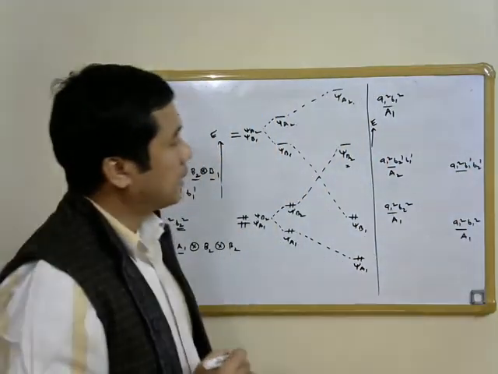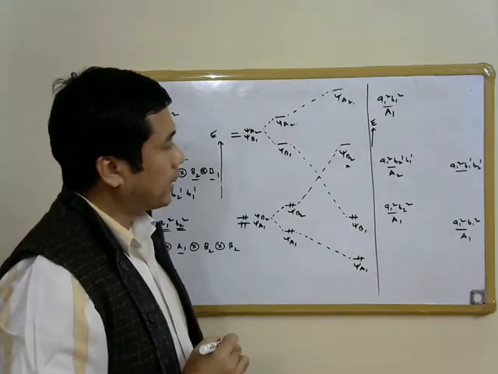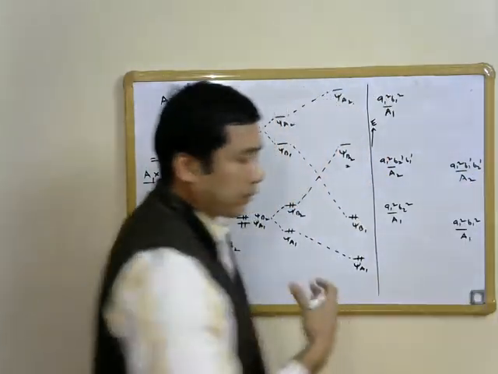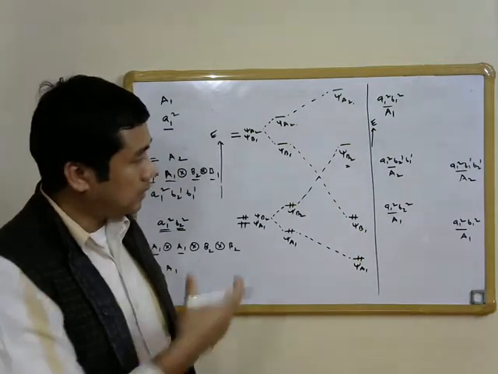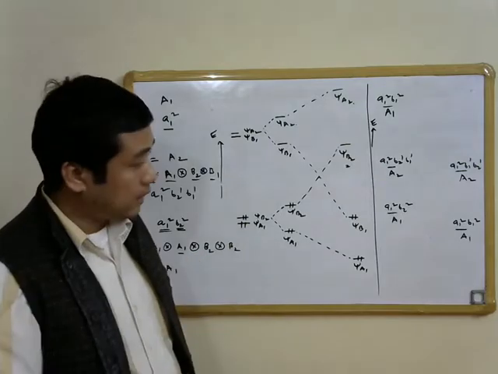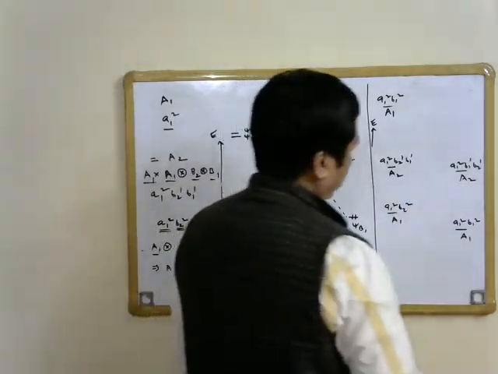That is the configuration, and again in this case as well, the symmetry that we get by taking the direct product of the symmetry of the occupied orbitals is equal to A2.